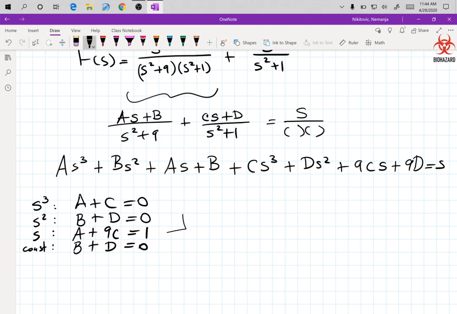When I subtract these two equations, A minus A is 0, 9C minus C gives me 8C equals 1, so C equals 1 over 8, and that means A is negative 1 over 8, because they have to add to 0.